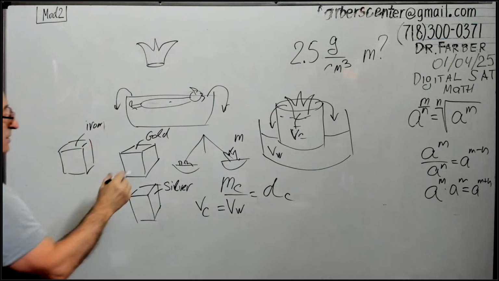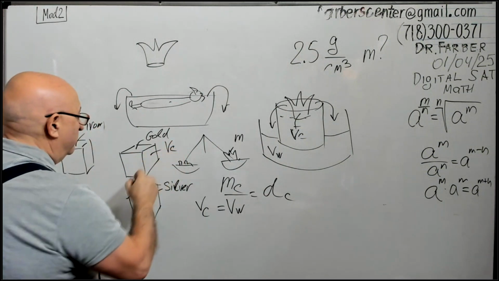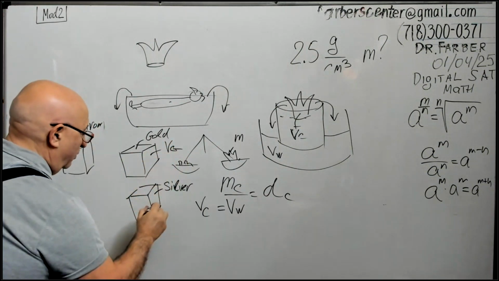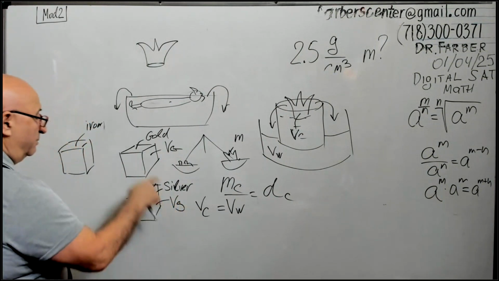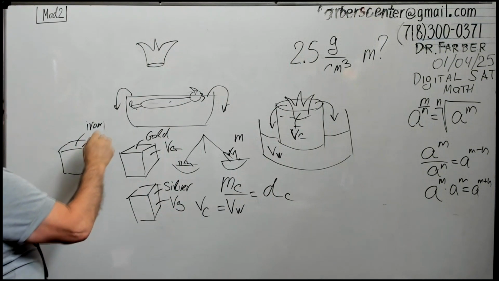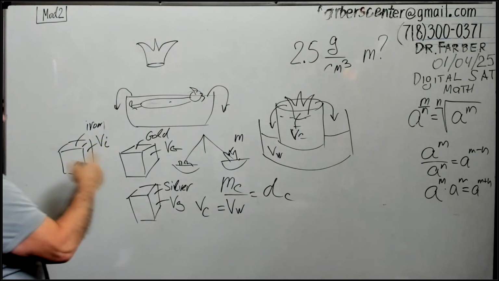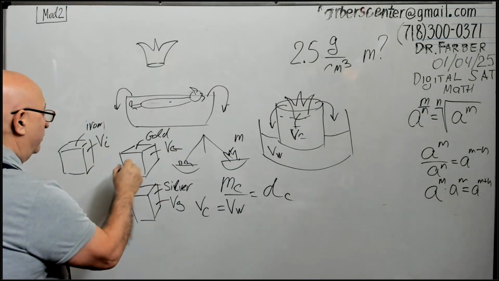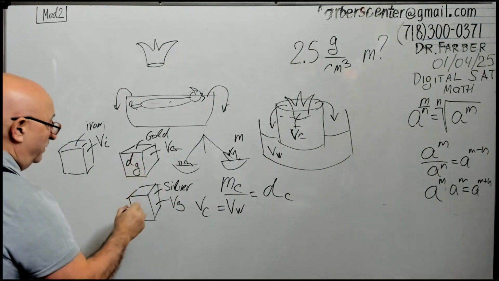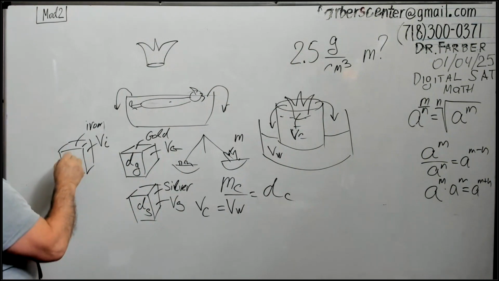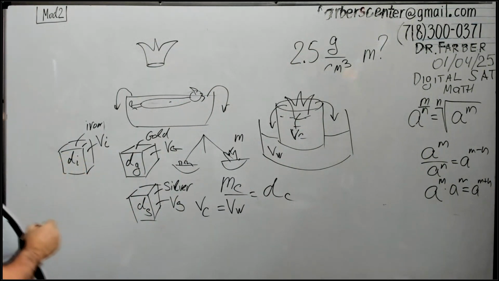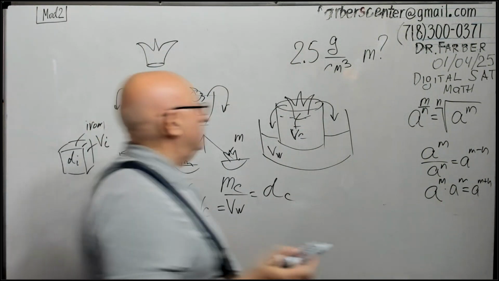And the volume of this is the volume of gold, this the volume of silver, easy to count: length times width times height. And he got the density for gold, density for silver, and let's say density for iron. If you Google, you can find the density for any substance.